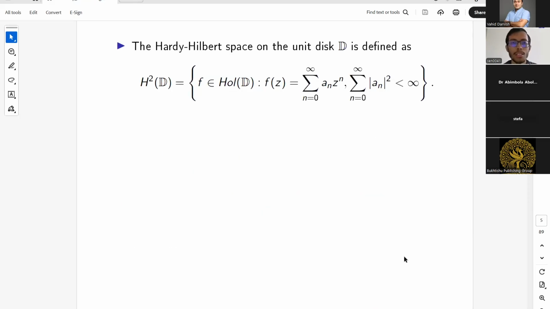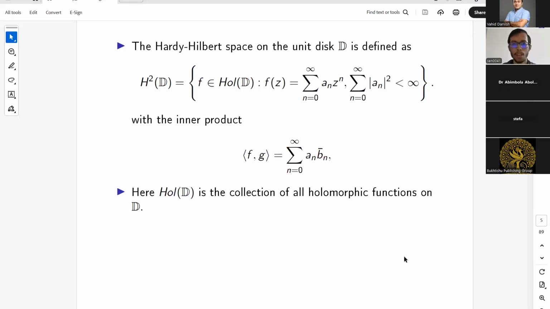The second example is the Hardy-Hilbert space on the unit disk, which is defined as the collection of all holomorphic functions such that f can be represented as the summation over n from 0 to infinity of a_n z to the power n, with the summation of mod a_n squared finite, and with the inner product of f and g given by the summation of a_n times b_n bar.